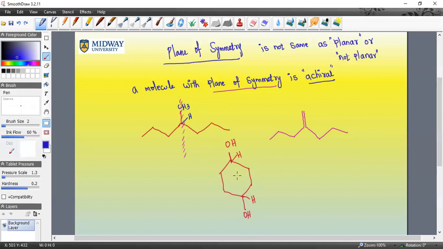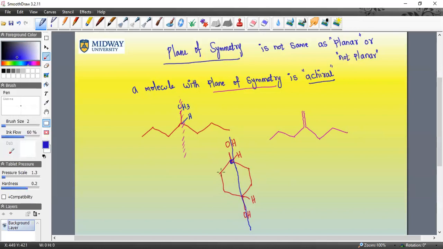These look the same on both sides. That's what we mean by, if you can draw a plane of symmetry cutting these two carbons, the molecule is exactly the same on both sides. This is attached to OH and a hydrogen, but then it looks exactly the same all the way down.